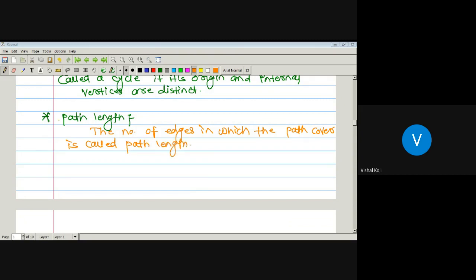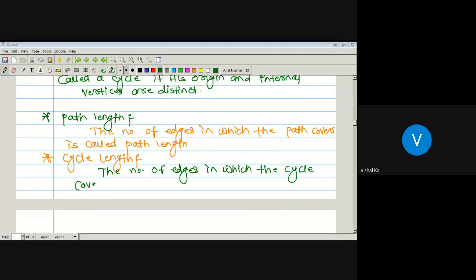Same for the cycle length. The number of edges that the cycle covers is called the cycle length. First they must be a path or cycle, and only then can we find out the length.